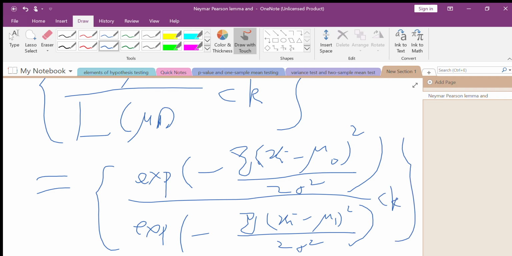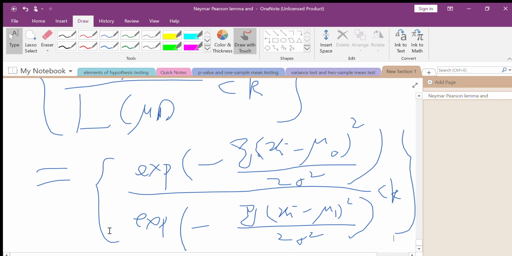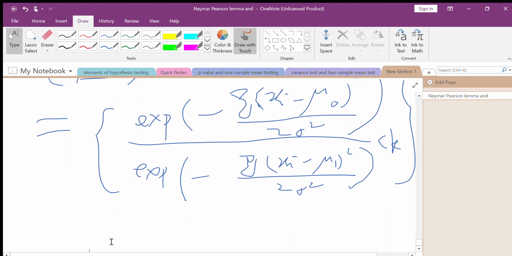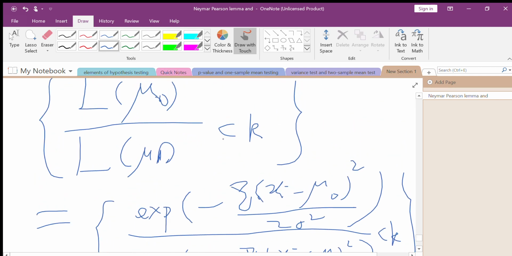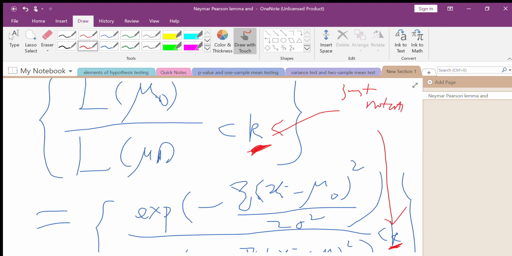So these two sets are equal. And k is just a notation to record some arbitrary constant. Although k changes between this set and this set, we don't mind what k is. Recall, k is just notation to record an arbitrary constant.